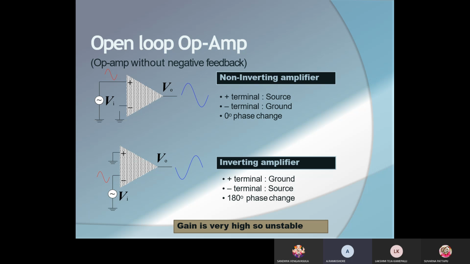Here minus will be grounded and the plus will be connected to some voltage source. That means we are applying the input signal at the positive terminal. So the positive terminal is the source, the negative terminal is ground, and 0 degrees indicates there is no phase change.